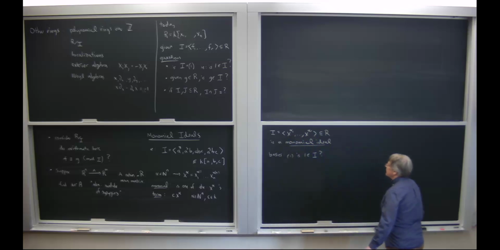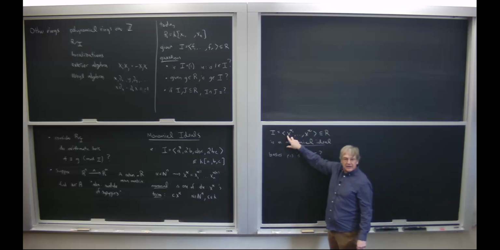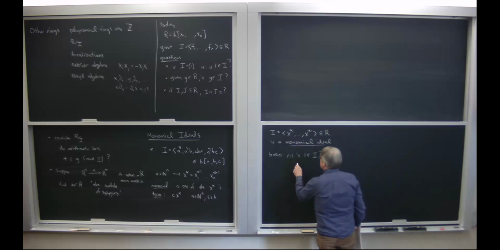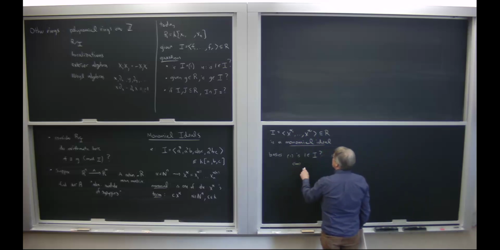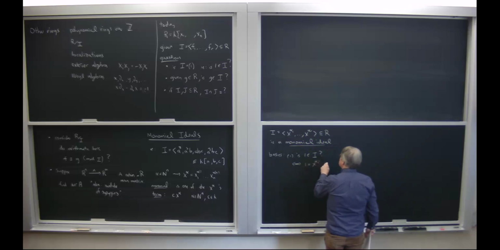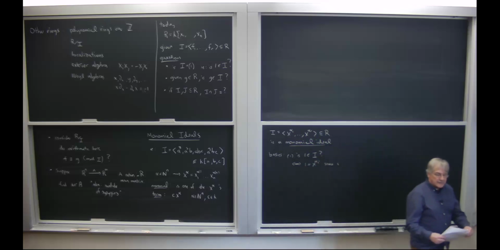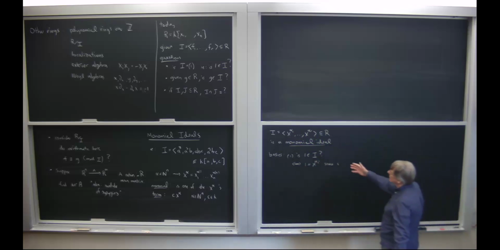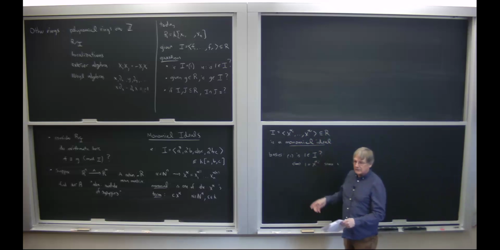So if that's in there, then it will be in the ideal. This is going to be the case if and only if 1 is equal to x^alpha_i for some i. That's the only way it can be, because if they're all higher degree, there's no way you can get down to degree 0.